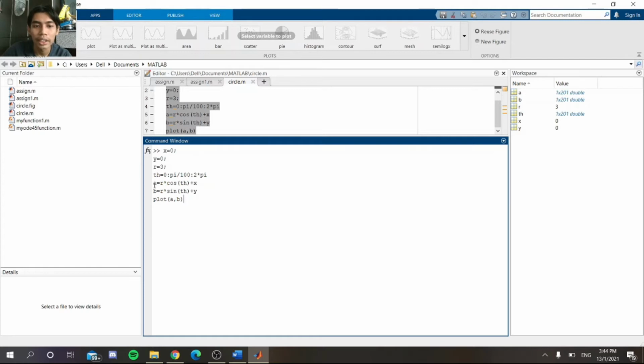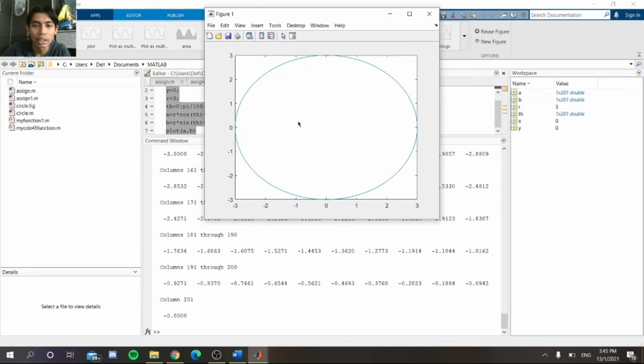Then a equals r cos theta plus x, and b equals r sin theta plus y. Then we type plot a, b, and enter. This is the circle that we get, where we can get the limits, which are r from 0 until 3 and theta from 0 until 2 pi.